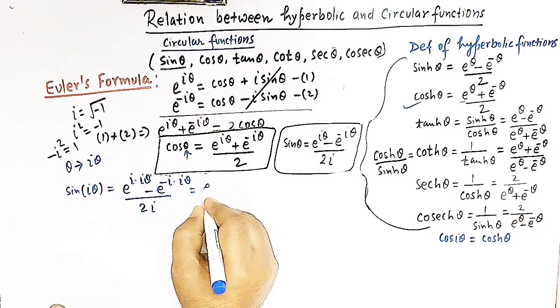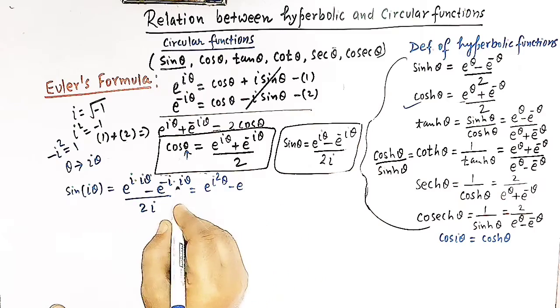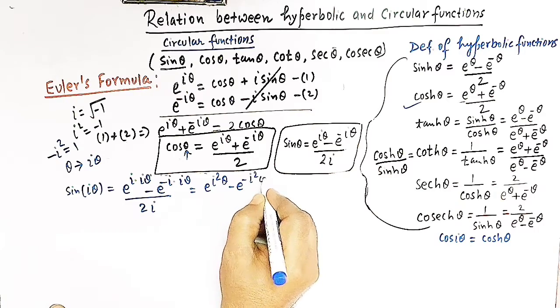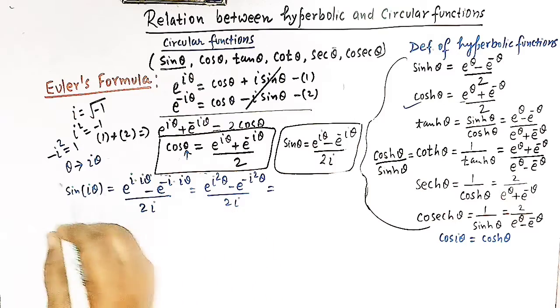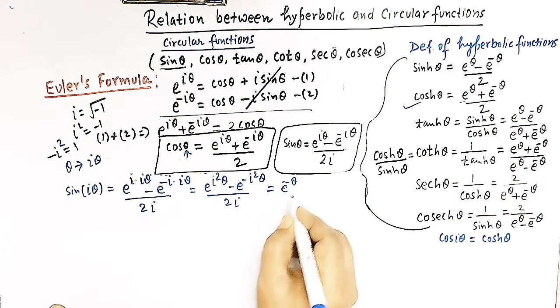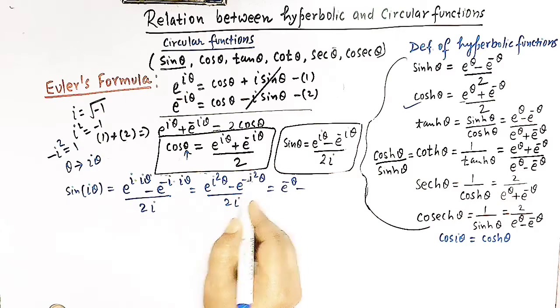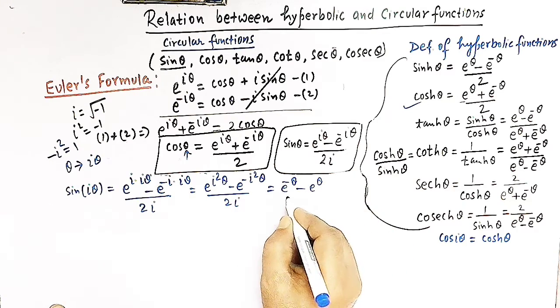So we have e raised to i square theta, then minus i square theta over 2i. Now i square is equal to minus 1. So here we have e raised to minus theta, and minus i square is 1, so we have here simply theta. And here we have 2i.